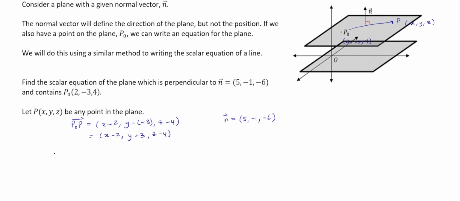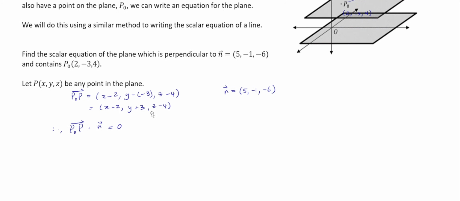So we can state, therefore, that P naught P dot product the normal vector, because they're perpendicular, has to equal 0. And so therefore we can say that X - 2, Y + 3, Z - 4, dot product 5, -1, -6 is equal to 0. So then I can just say 5(X - 2) - 1(Y + 3) - 6(Z - 4) is equal to 0.